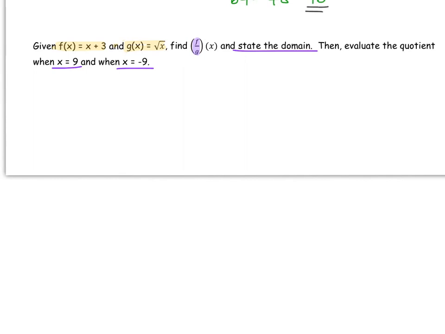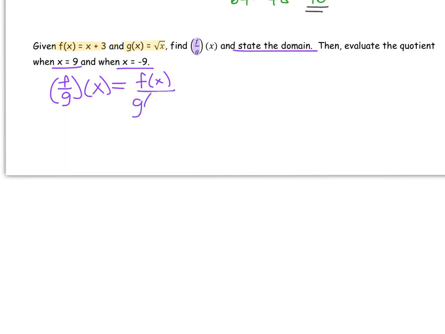First, let's use our definition. If we have f divided by g of x, notice we're not multiplying all of that together. The f divided by g part simply means we take the first function, the function in the numerator, divided by the function in the denominator. Ooh, let's rewrite that. Sorry about that.